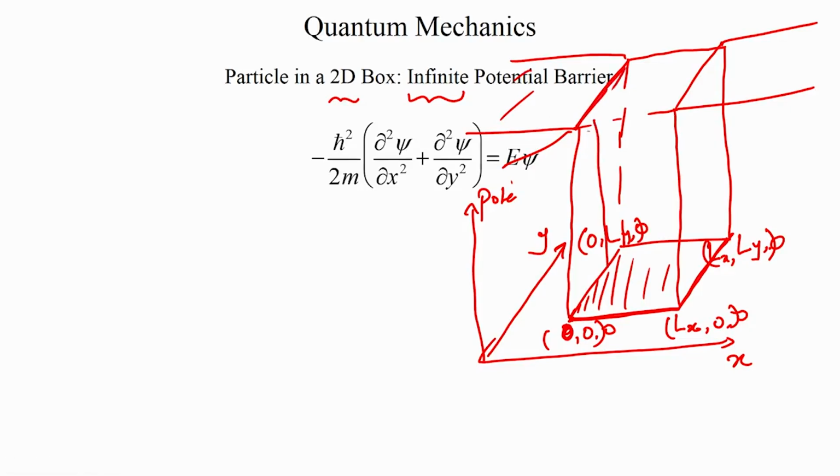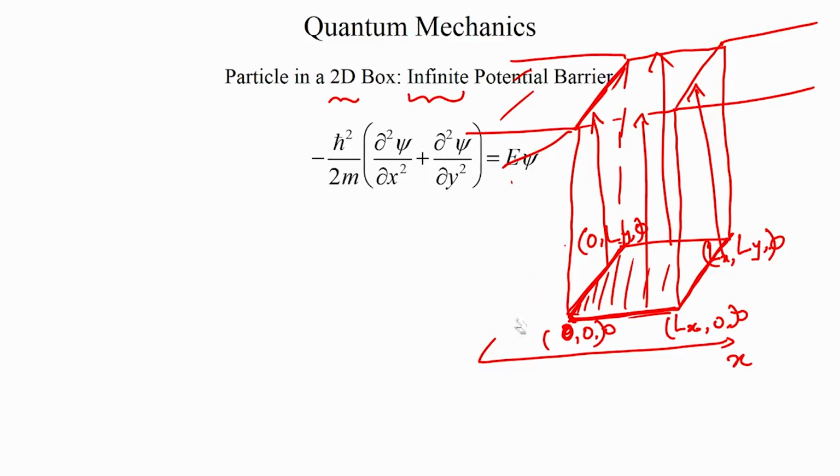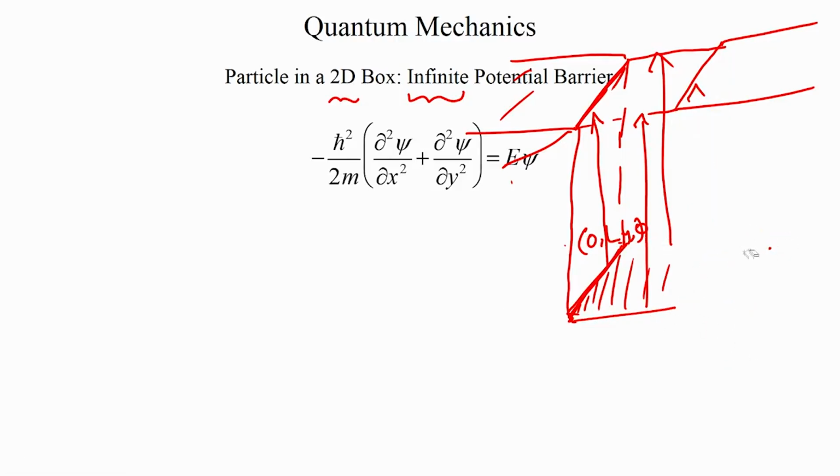These are all infinitely tall walls, and there is this little hollow sitting at 0 potential, with a length Lx in the x direction and a length Ly in the y direction. So that's the situation. I probably should have had a nicer drawing here, but if you can understand this drawing of mine, you have the situation in place.